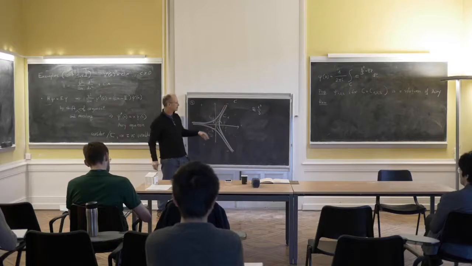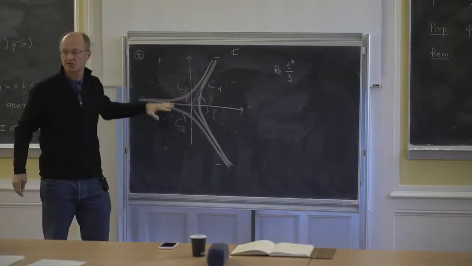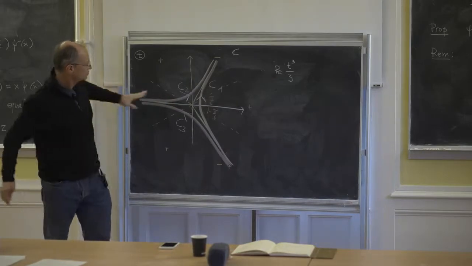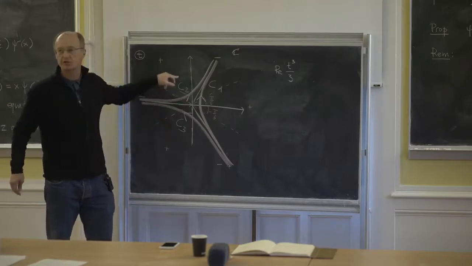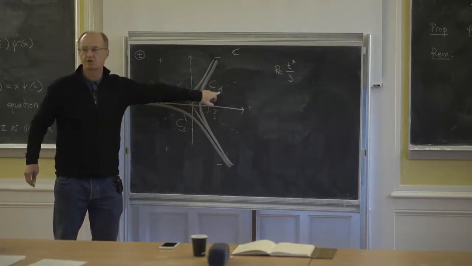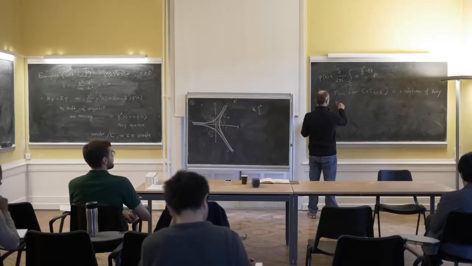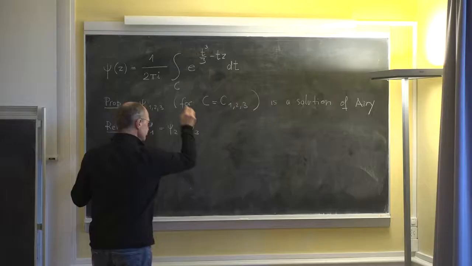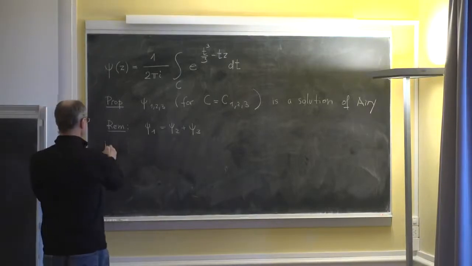Recall that we are on a complex plane and the function is holomorphic everywhere, so we can deform those contours as we want. We can retract this tail and deform the sum of C3 and C2 to C1. So actually psi 1 is equal to psi 2 plus psi 3. So, proof.